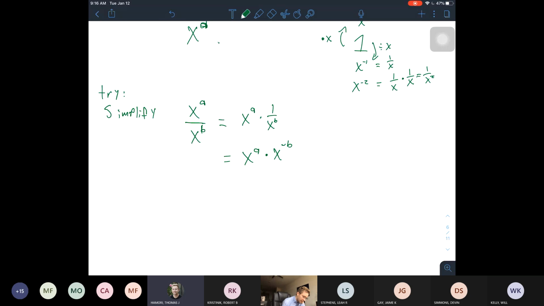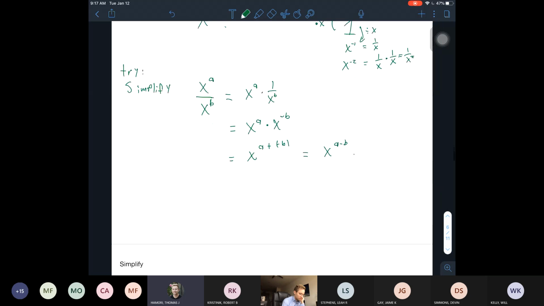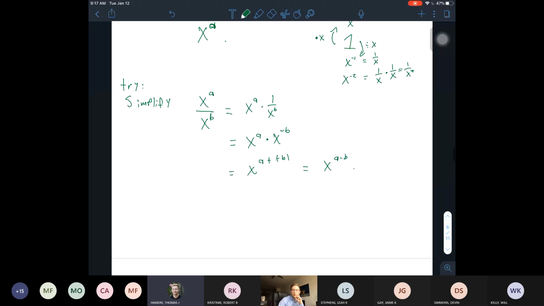And we have a rule for x to the a times x to some other power. We would take those powers and add them. So that would be x to the power a plus the number negative b, which, adding a negative, is the same as doing subtraction. Okay, so that's how we would write that.